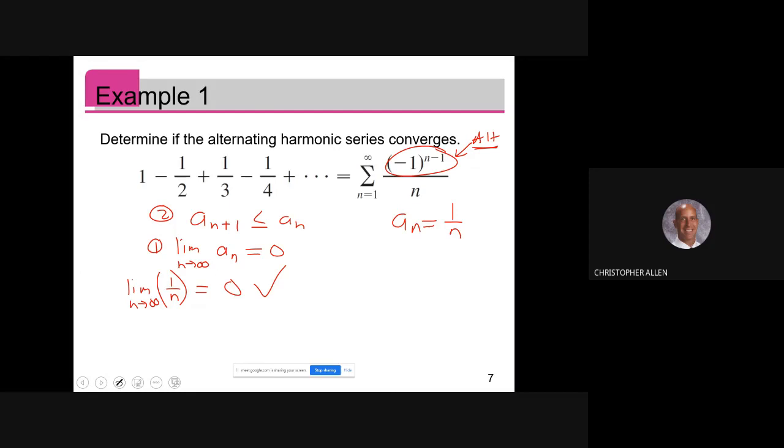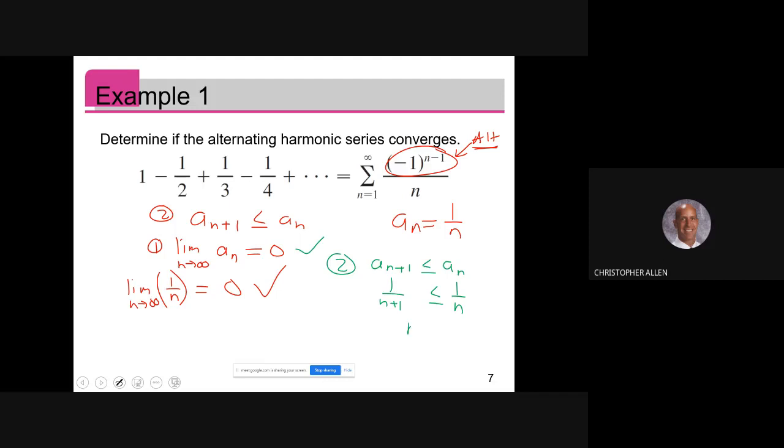So far, we've met the first criteria. In fact, we'll do that in green. Check. Great. Now let's do the second part, which you already saw me do kind of in the warm-up here. We just need to show, is the next term less than the one before it? In other words, is 1 over n plus 1 less than or equal to 1 over n? If the n term is 1 over n, the n plus 1 term is 1 over n plus 1.